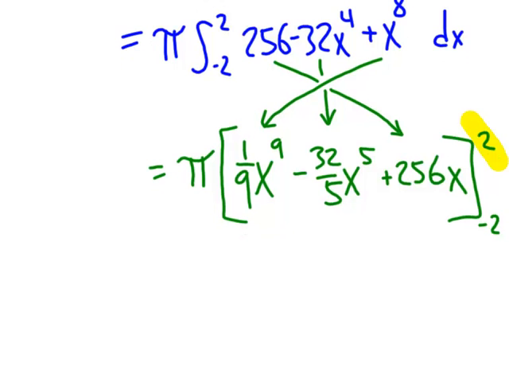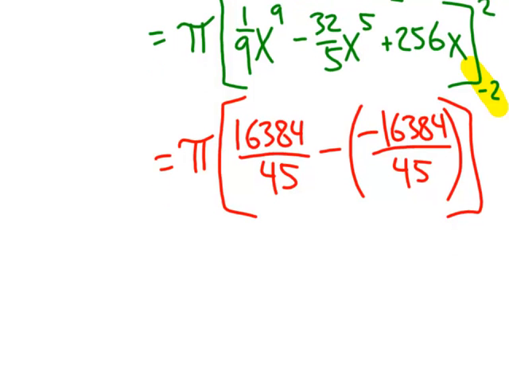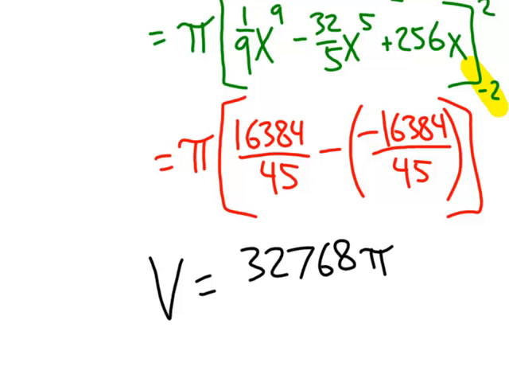Plugging in the 2 gives us this beast of a fraction, and plugging in -2 gives us its opposite, all times pi. So our final volume is 32768 pi all over 45.